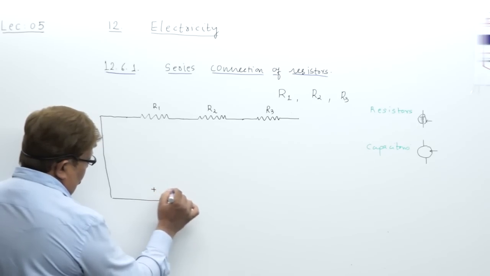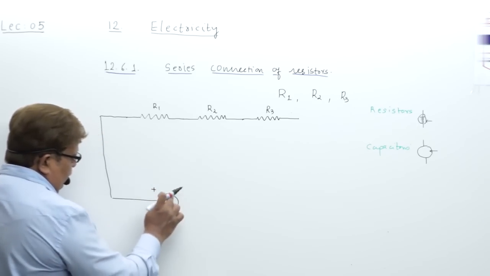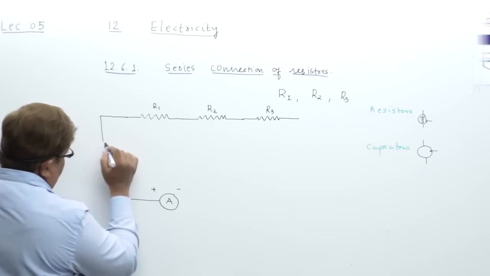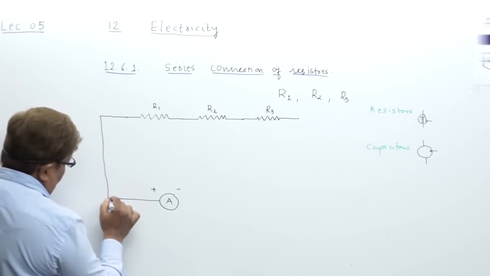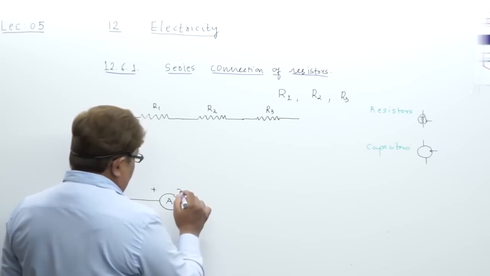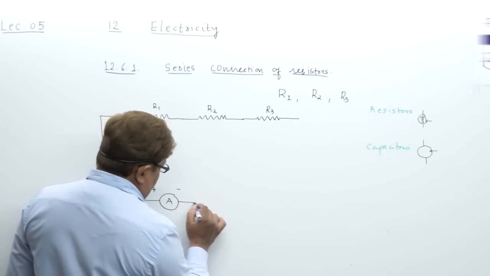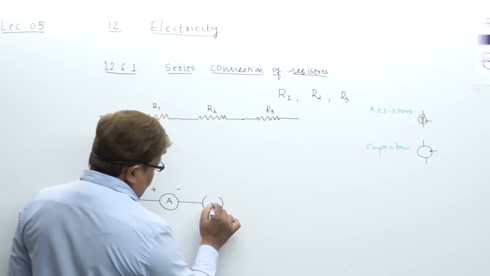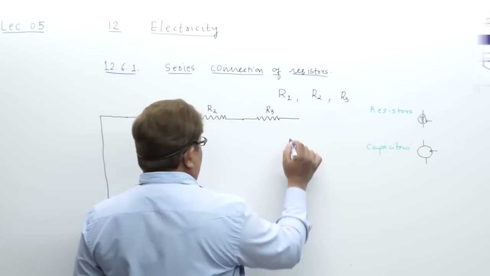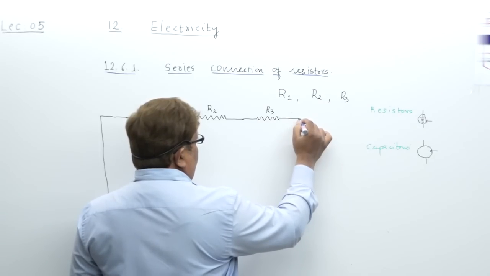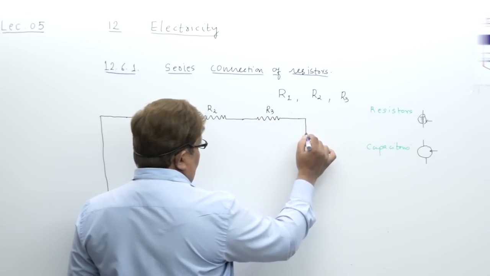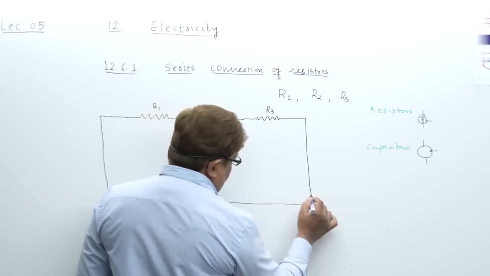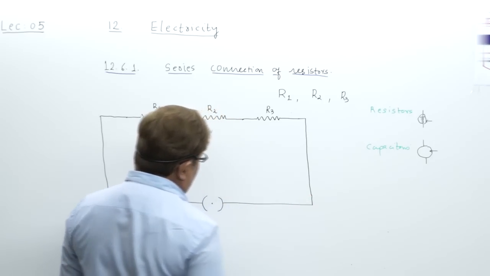What is the role of the ammeter that you know? Then this is the plug key. I am showing it already closed because that is what we are going to do. Okay, the complete path of the electric circuit we have shown.